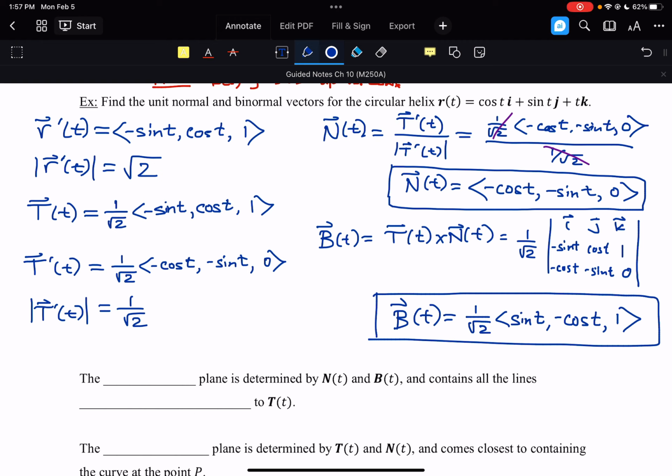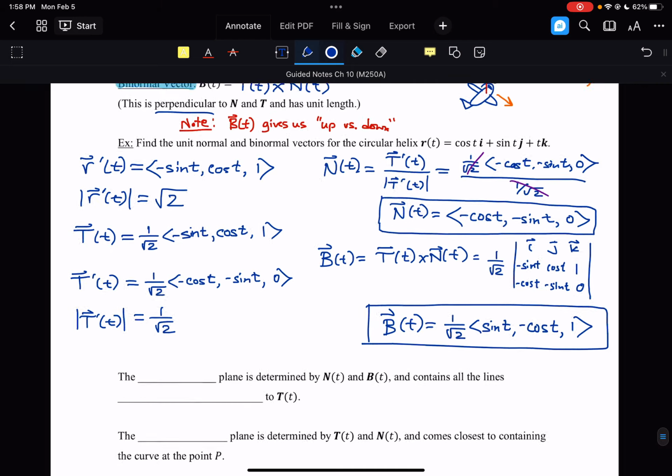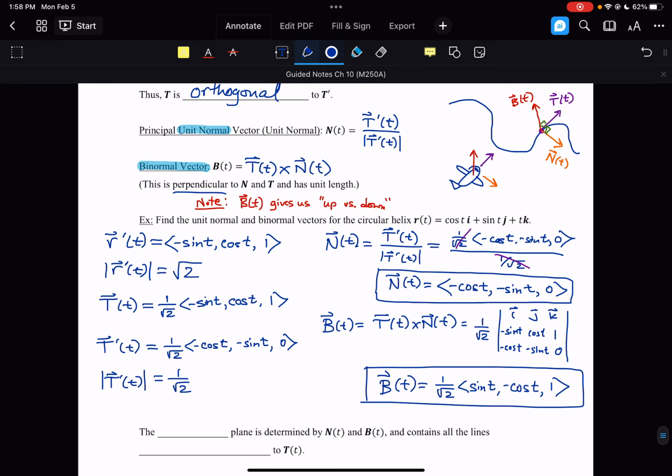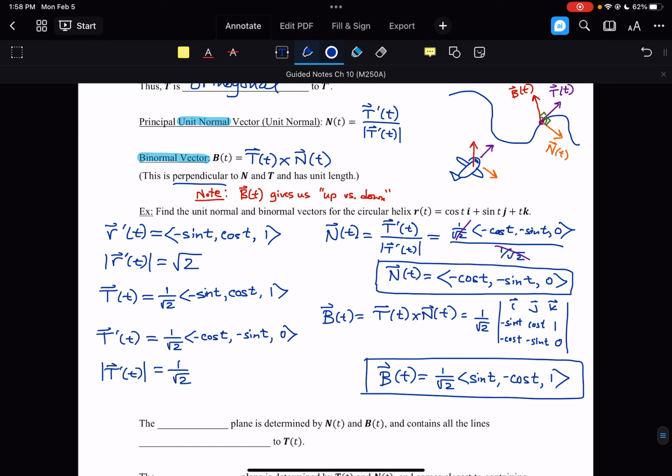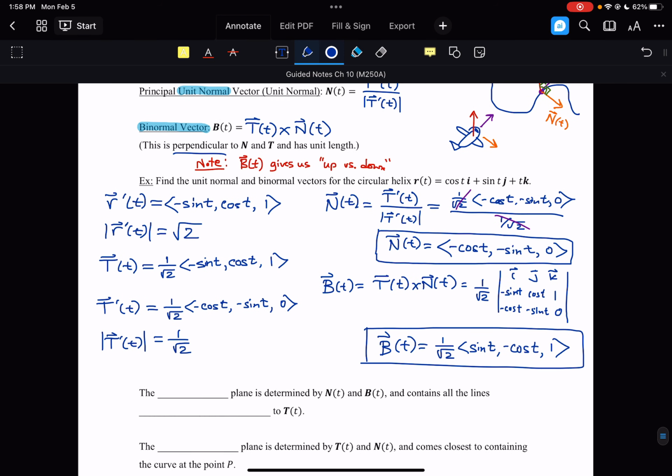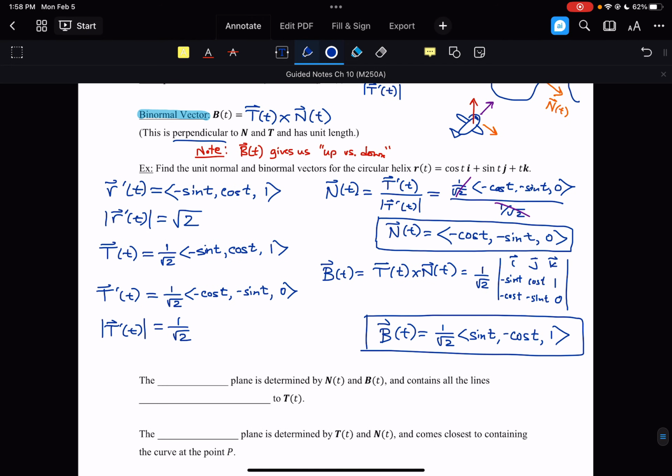Now, just a couple more pieces of terminology here to finish this off. Because we've created these vectors here, up there in the purple, the orange, and the red, we can define planes between these vectors. The normal plane is determined by N and B, the normal and binormal.